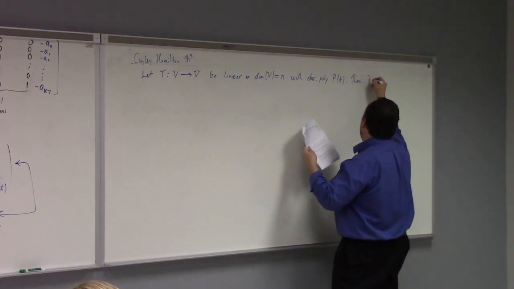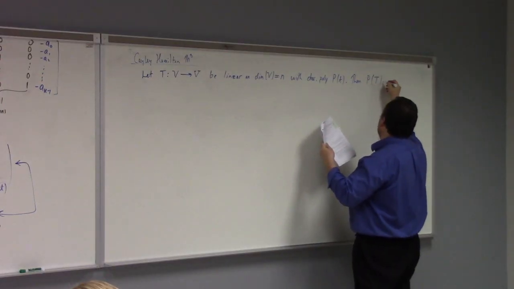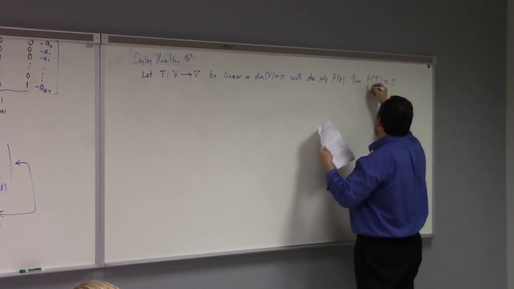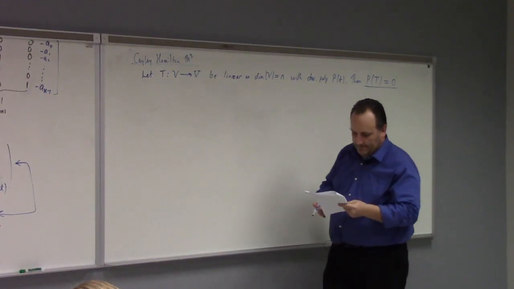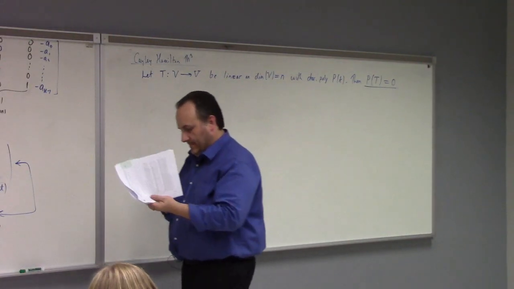Then p of big T is equal to 0. All right.